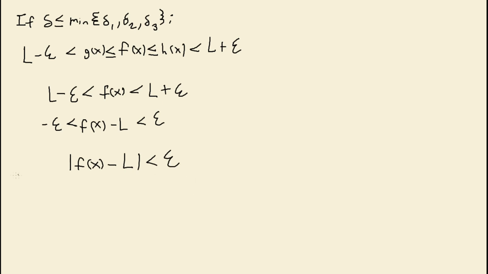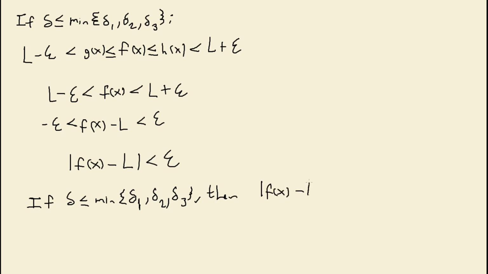And so what we just showed is that if delta is less than or equal to the minimum of delta 1, delta 2, and delta 3, which we outlined above, then the absolute value of f of x minus L is less than epsilon.